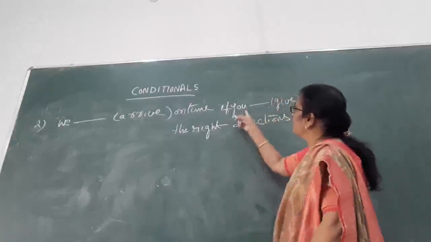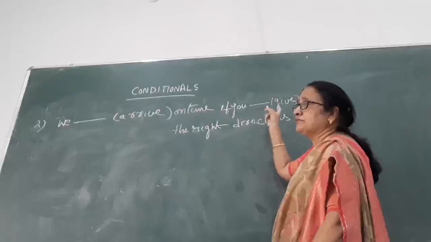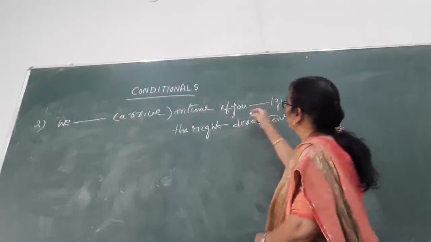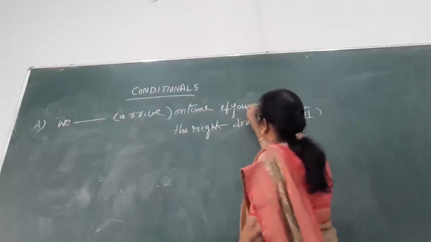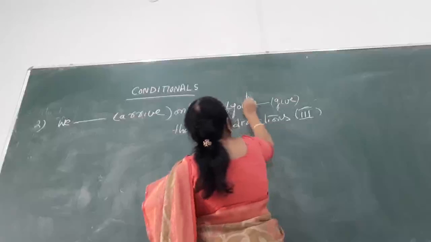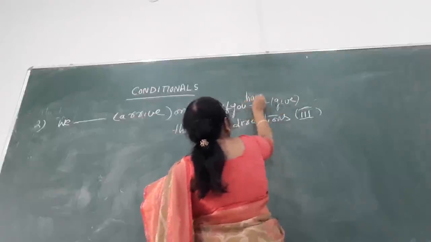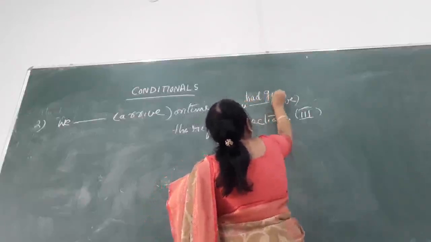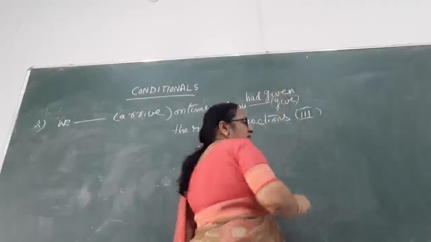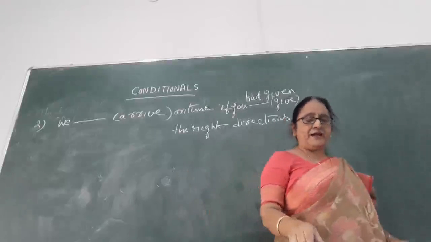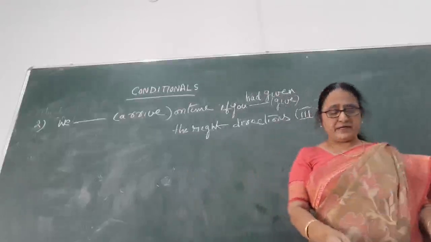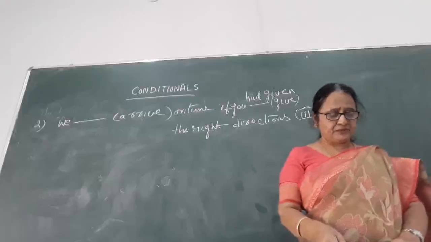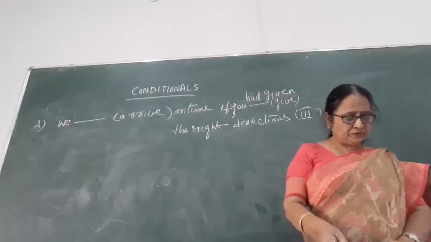If you had gone, if you had given. Give becomes past perfect: if you had given. Give becomes if you had given this.